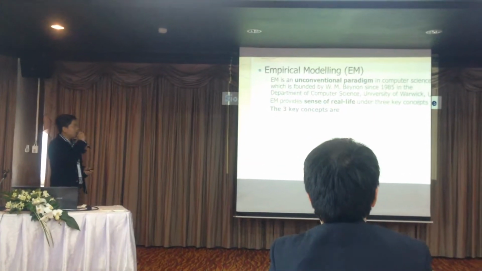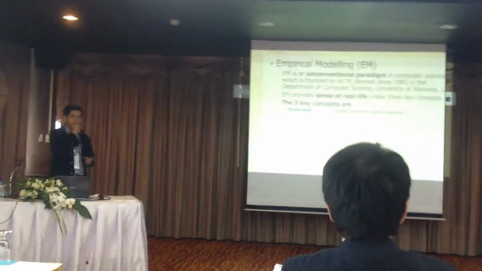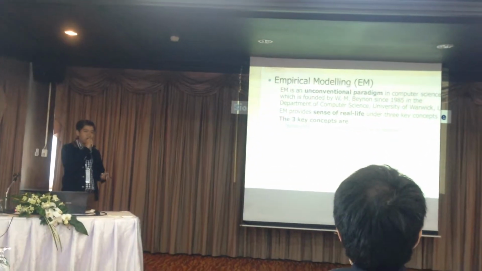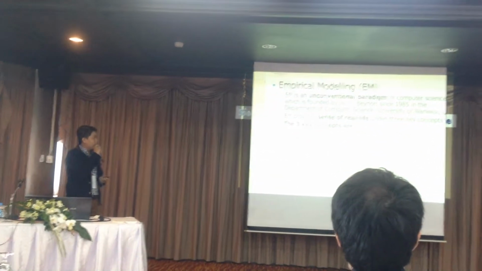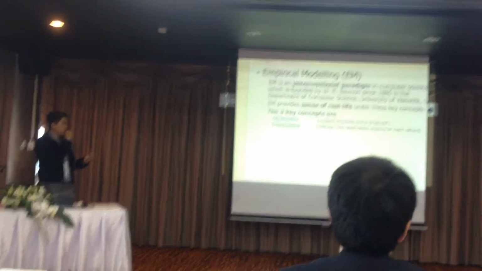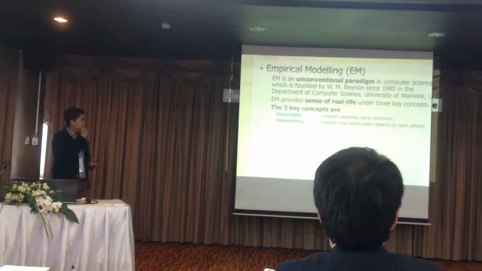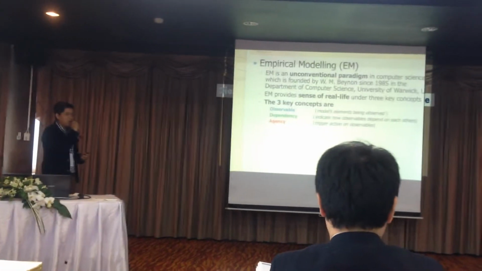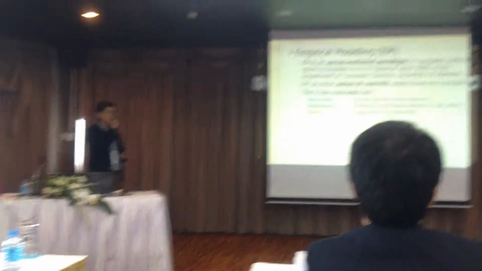One is observables, like a model's elements that we observe. Another one is dependencies, which indicate how the observables depend on each other. And the last one is agencies, the triggers for actions that happen on the observables.